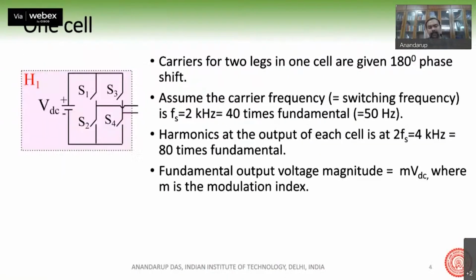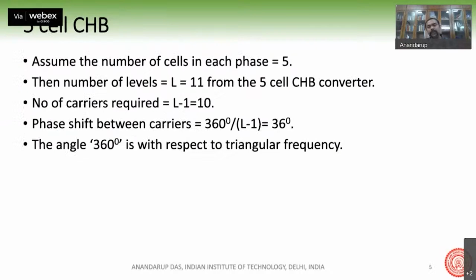We have given an example of how phase shifted PWM can be used for the cascaded H-bridge. So suppose you take a 5-cell CHB, then the total number of levels is 11. The number of carriers required is 10, and the phase shift between the carriers is 36 degrees.